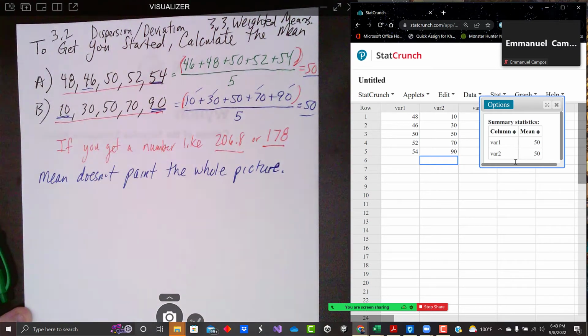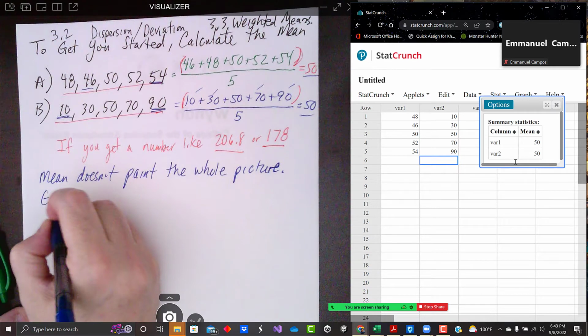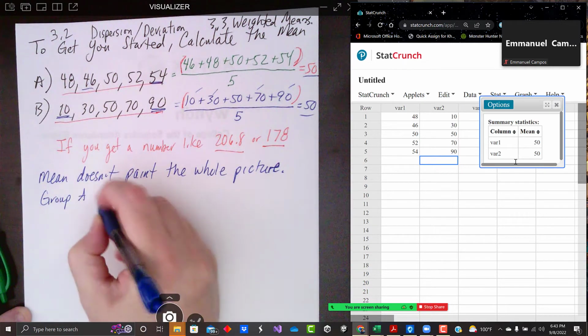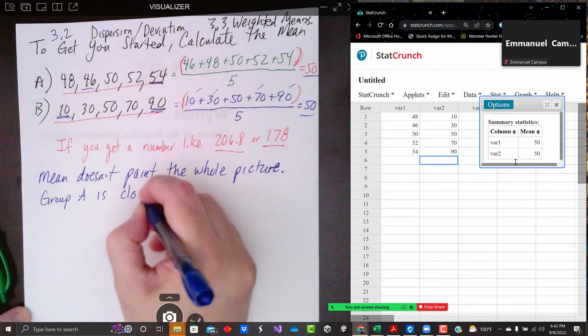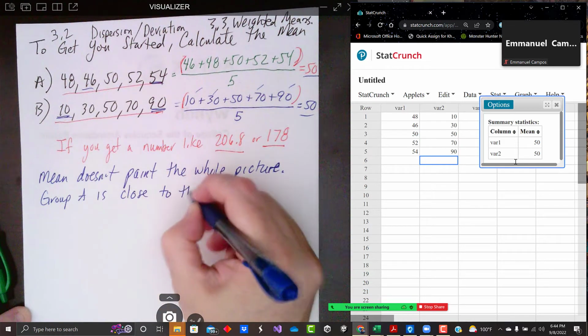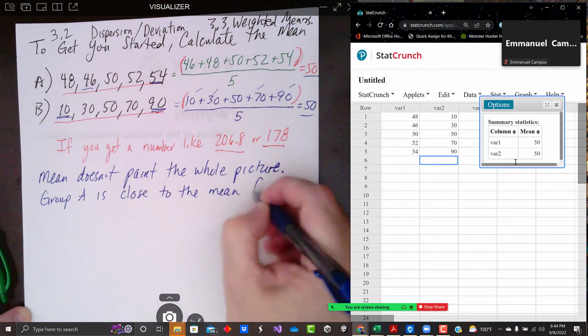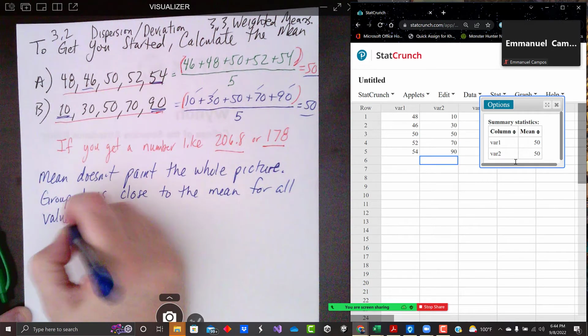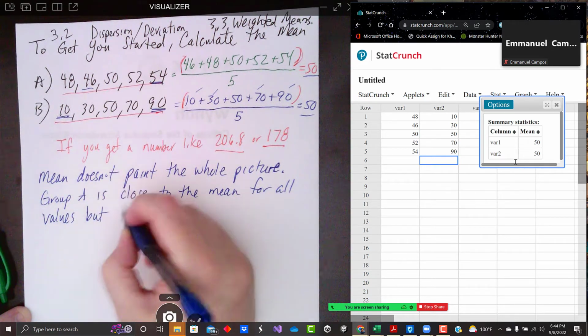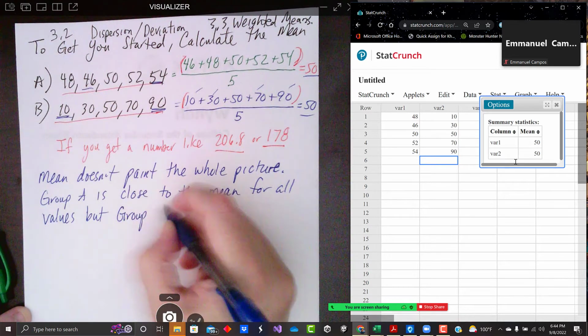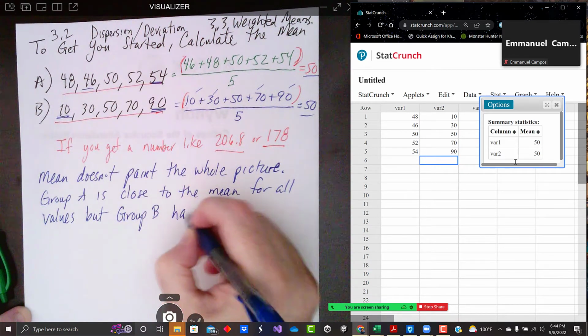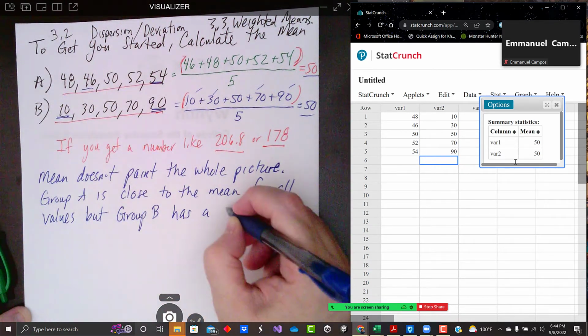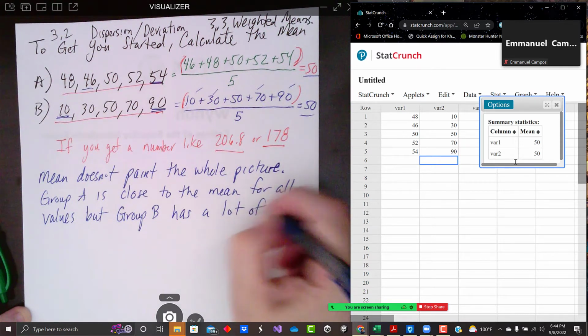Because these numbers in group A are close to the average, or to the mean, for all values. But group B has a lot of swing in it. A lot of difference.